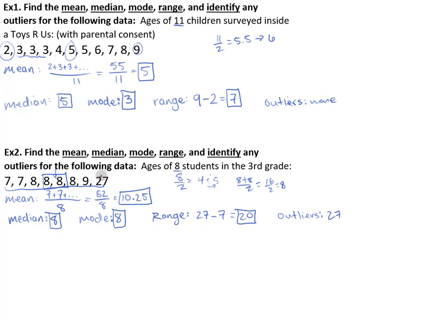Now, what do you think this outlier affected? If we were to remove the outlier, what do you think would change the most? Well, the median might move, right? Because we'd have one less number. The mode, I think that would stay the same, right? What about the mean?